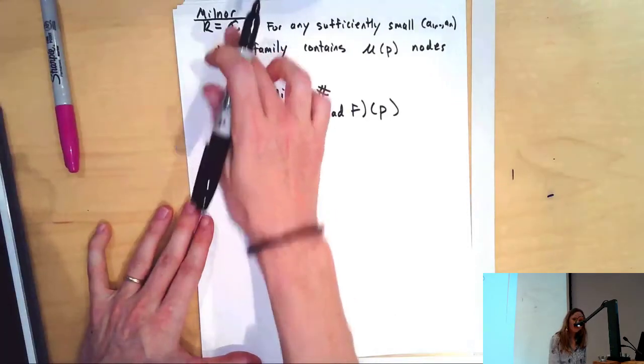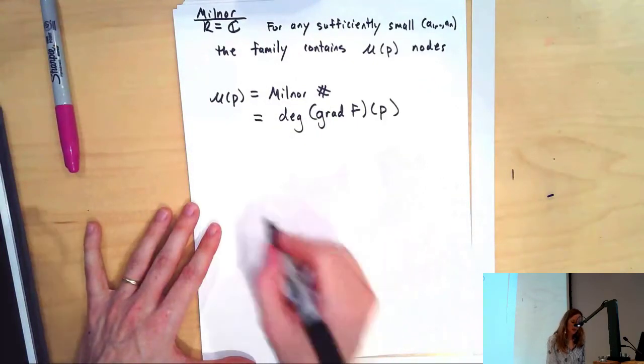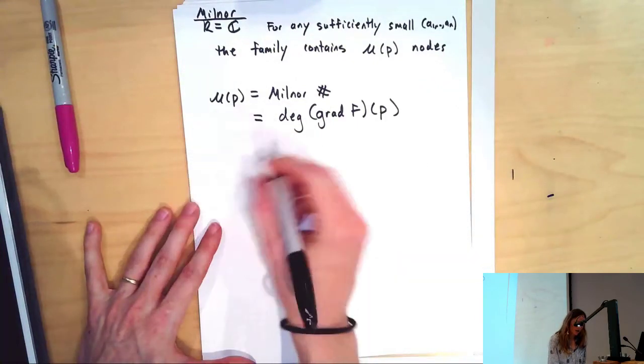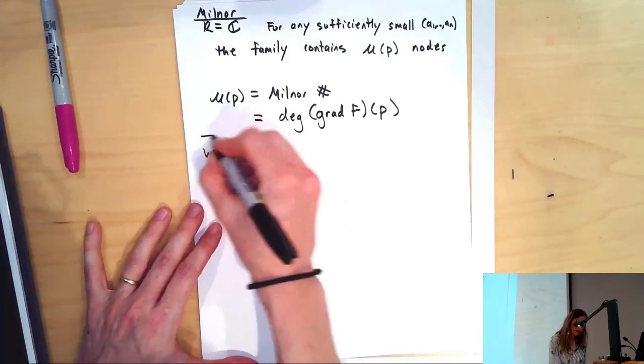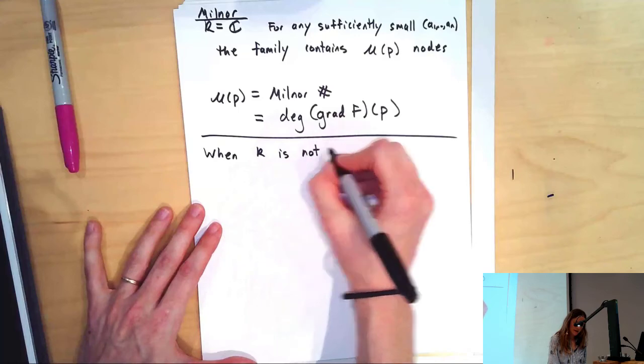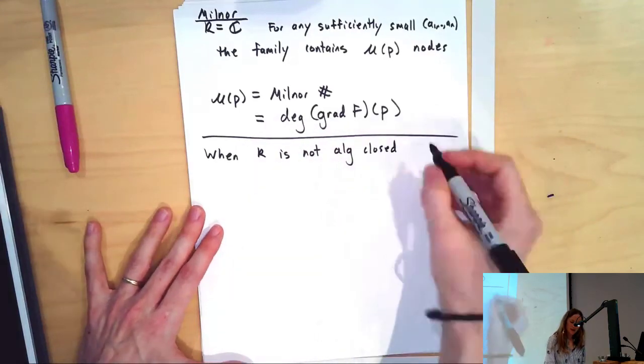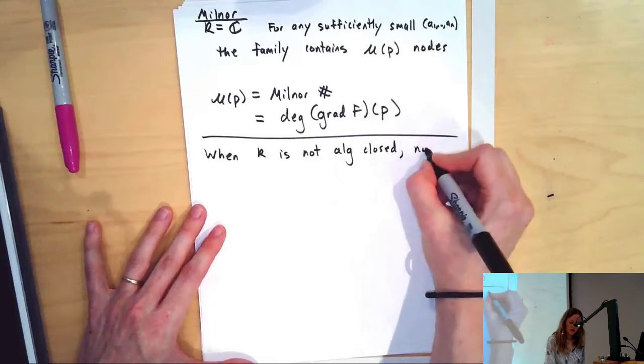But when k is not C, nodes have interesting information. When k is not algebraically closed, nodes contain certain arithmetic data.